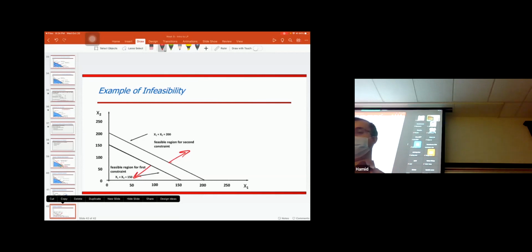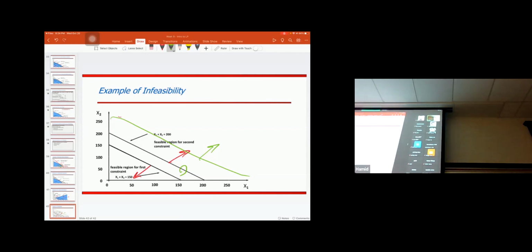I have these two constraints, and I make this constraint, and both of them are saying greater or equal. This one is redundant. So anyway, infeasibility just means you cannot satisfy all the constraints. There is no solution.